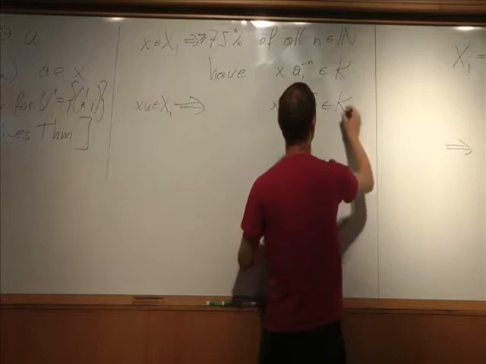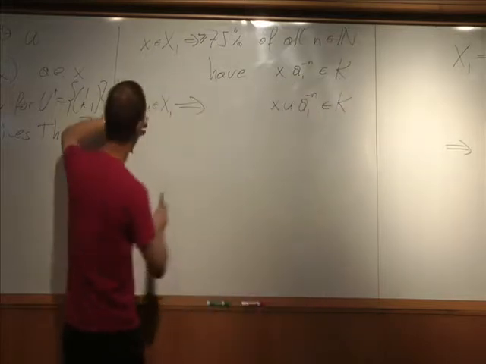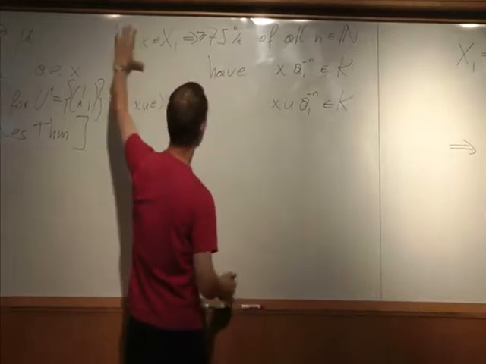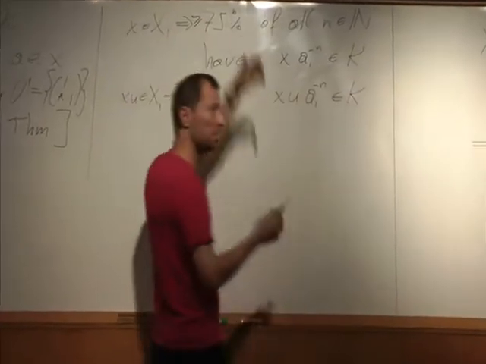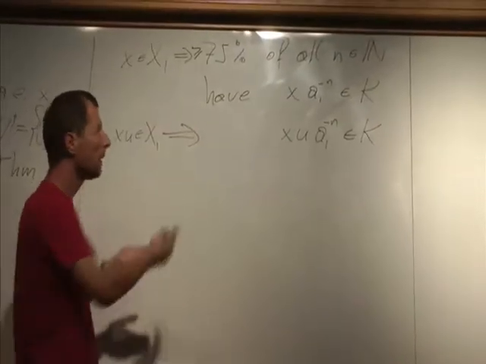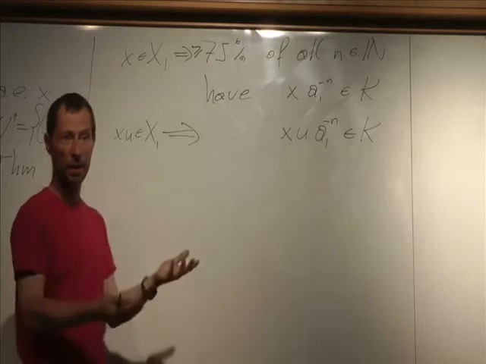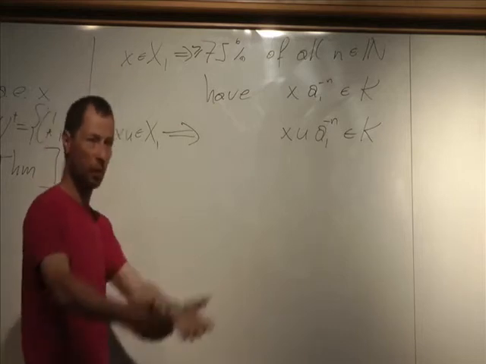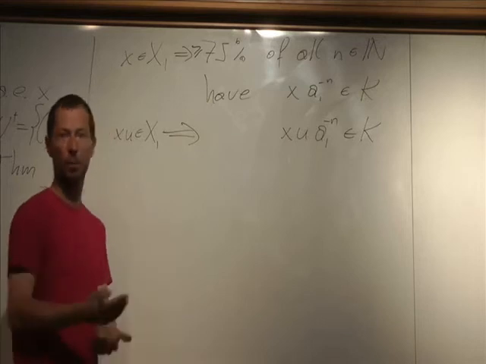We get the same for xu a_1^(-n). It's also in K. Now, of course, the n's that have that statement here and the n's that have that statement here, these two sets of n's have nothing to do with each other. However, each of them is 75%, so for more than 50% of the time, both of the statements are true.